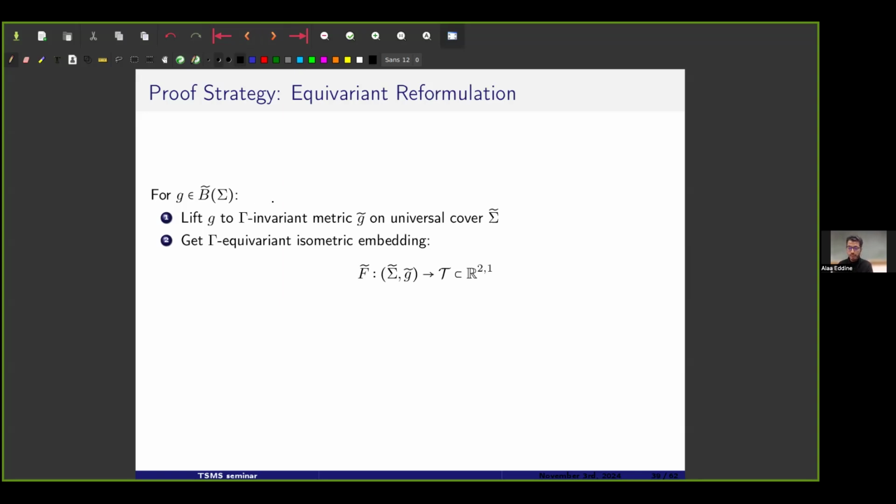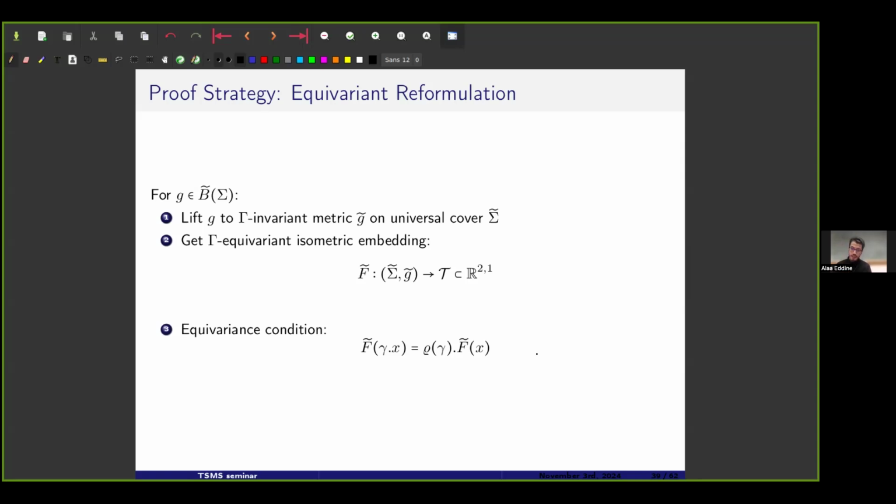They are isomorphic. And since G is embeddable, admits an isometric embedding in T mod gamma, then sigma tilde with the metric G tilde admits an isometric embedding in the cone, and this embedding will be equivariant, of course. If we act on sigma tilde by the pi 1 and act by gamma, then we have an equivariance. We have this condition.